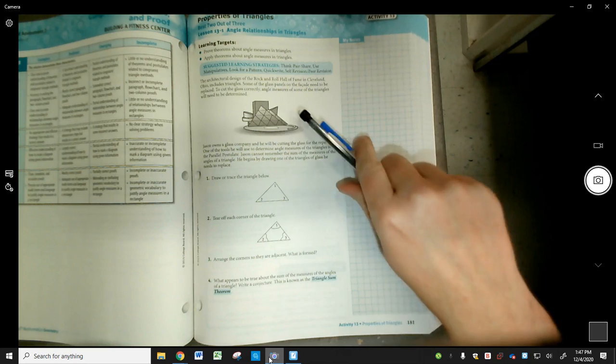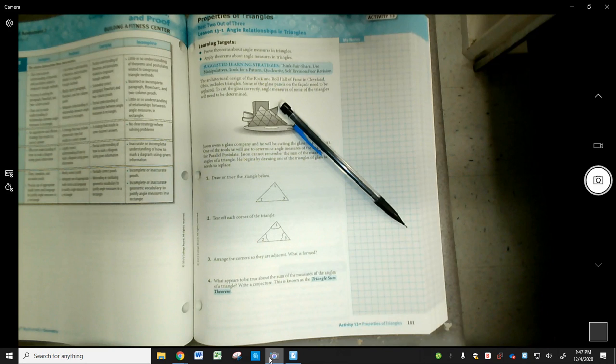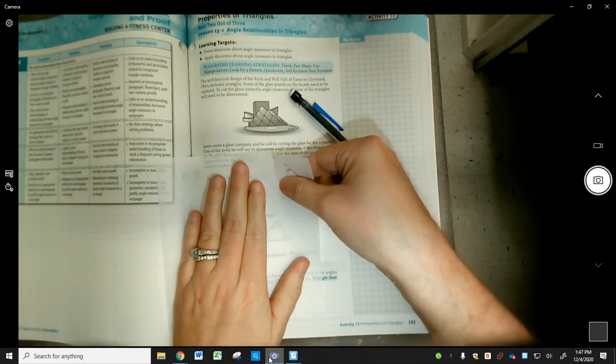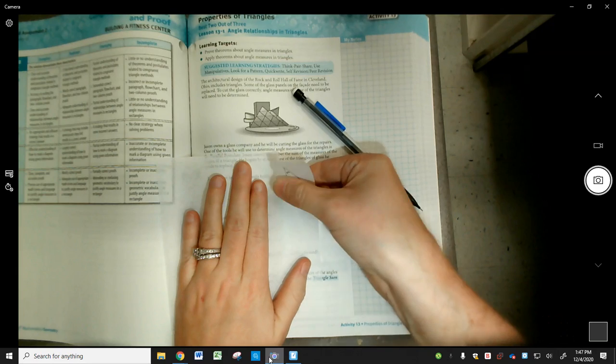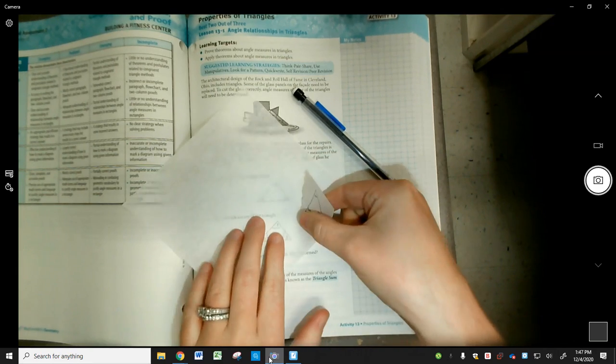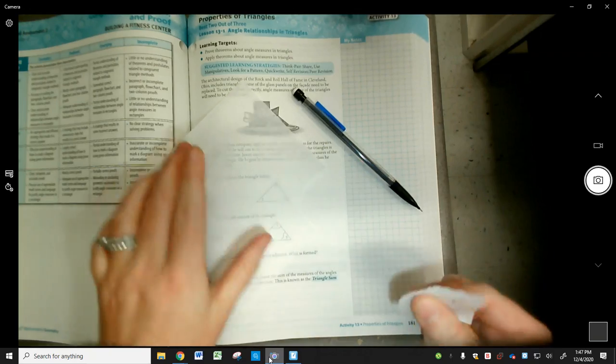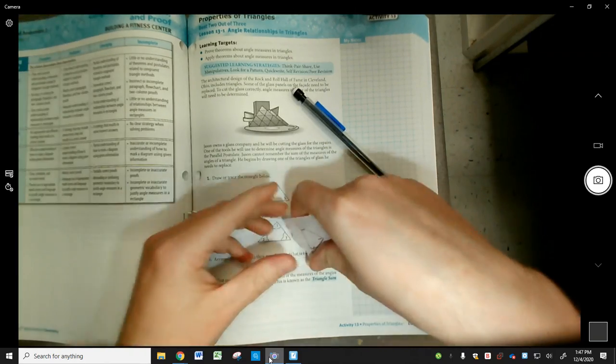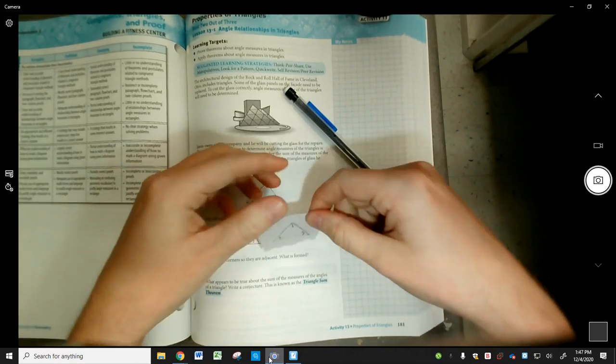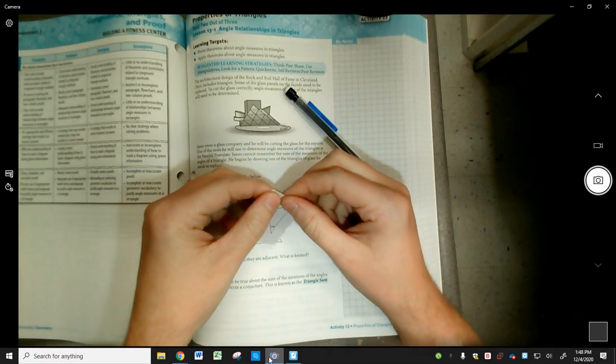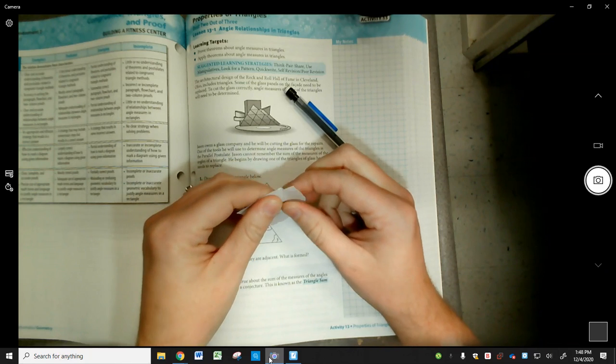Then it says to tear off each corner of your triangle. So the first thing you need to do is actually tear out your triangle. You could use scissors if you wanted. That would be fine.